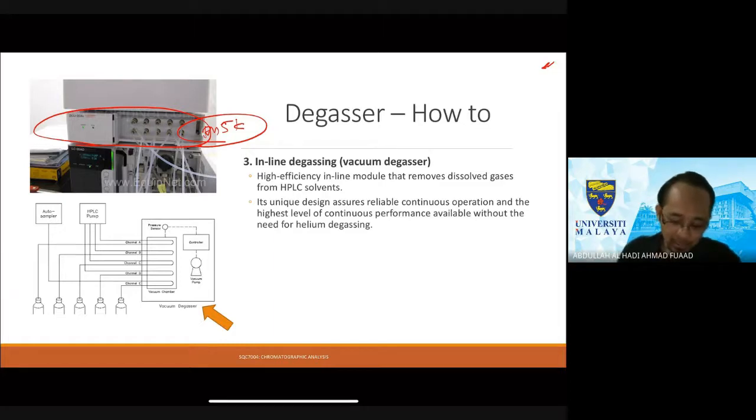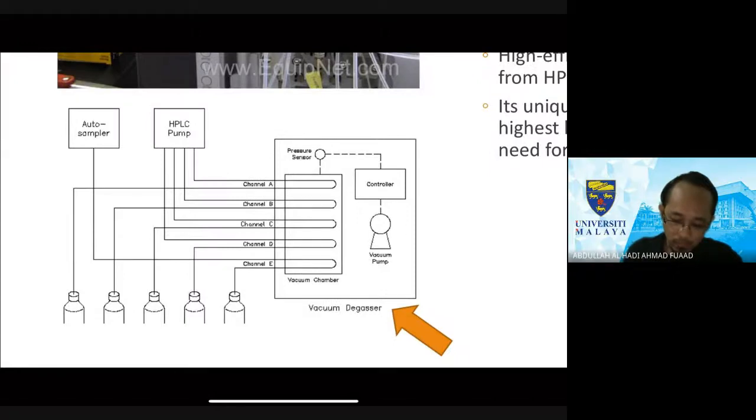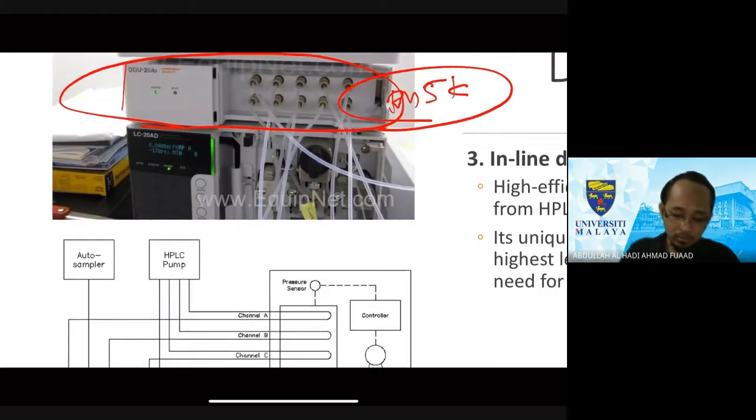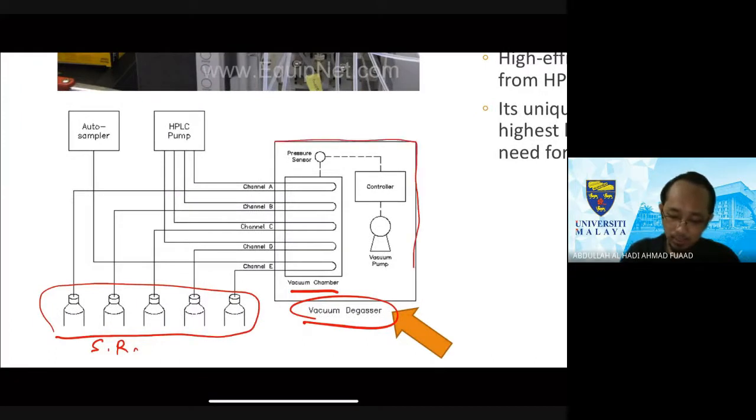Okay, and the basic system is like that, where you have your solvent reservoir here. Okay, so each solvent will go into a vacuum chamber inside the vacuum degasser system. So that box is represented by the outer box over here.